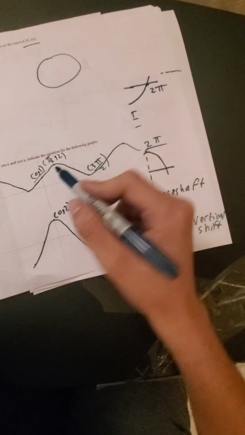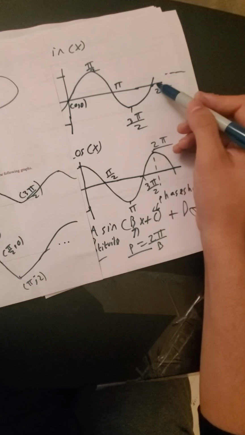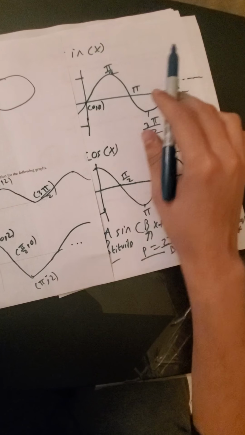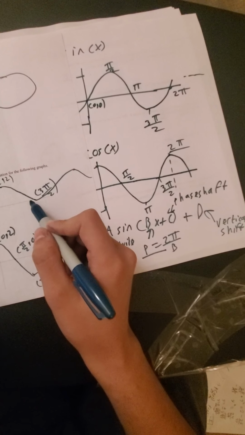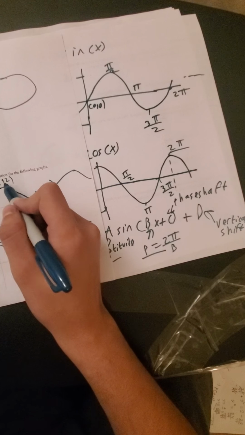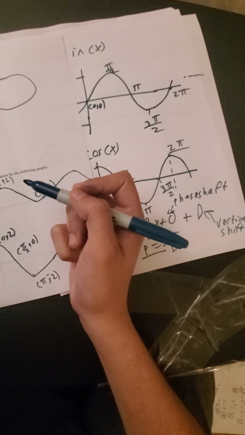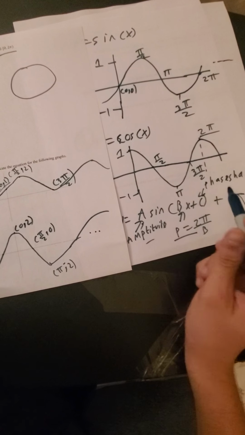We also see that it has the same period as sine of x, and it never goes below the x-axis. The amplitude goes up to 1 and goes down to 0. So a is still equal to 1.